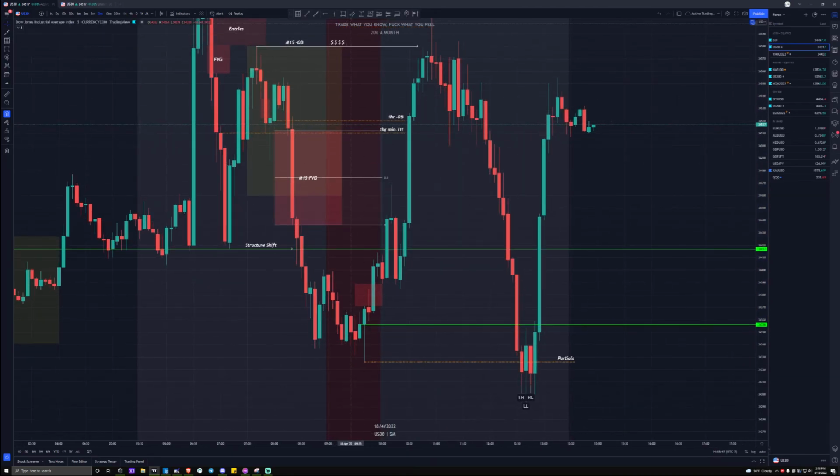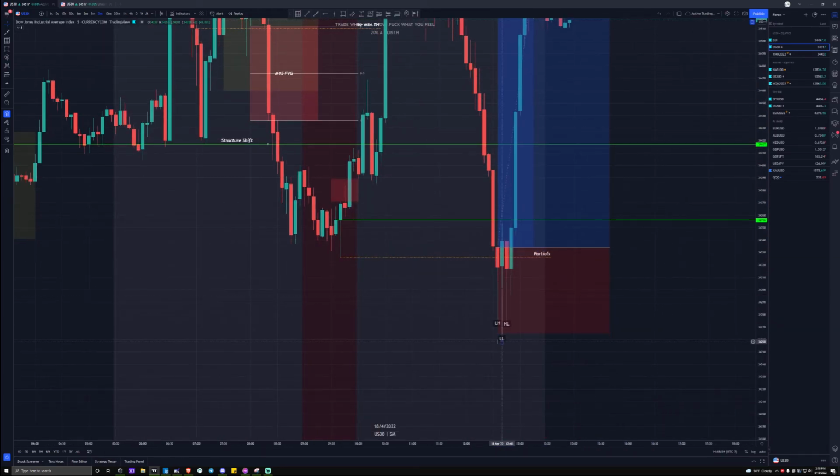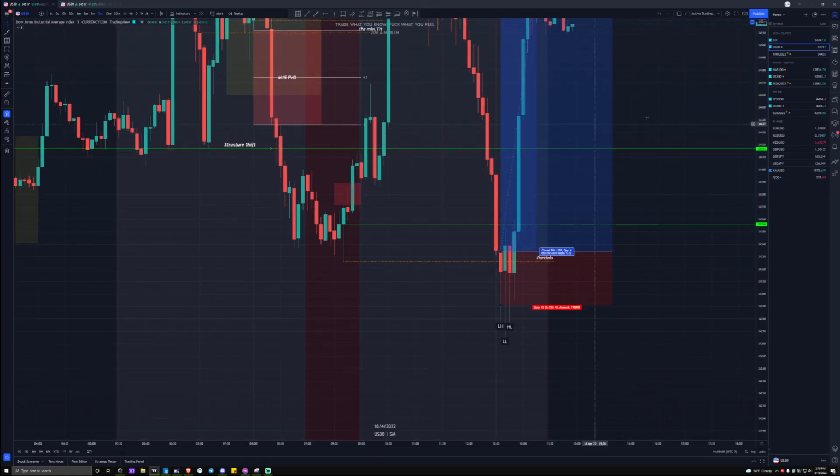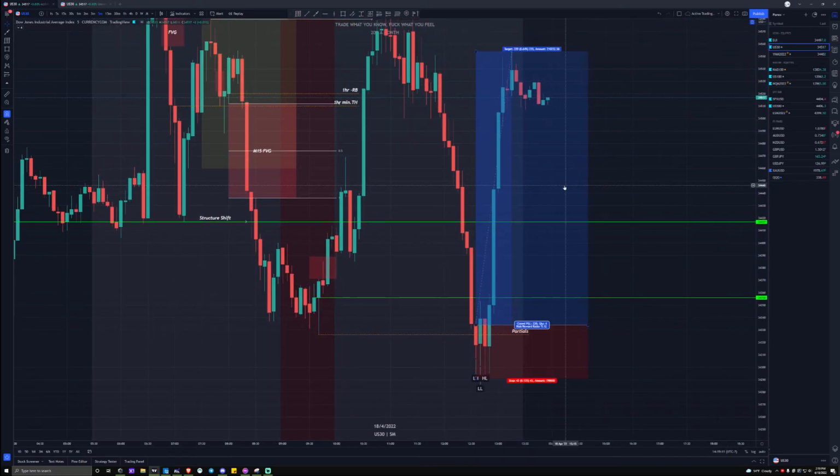So if you did a proper trade based off of this scalping strategy, you run your 10 pips below this low. See, that never gets close to it. 291. There you go. So right there at the end of the day, that's 1 to 5. That is really good.